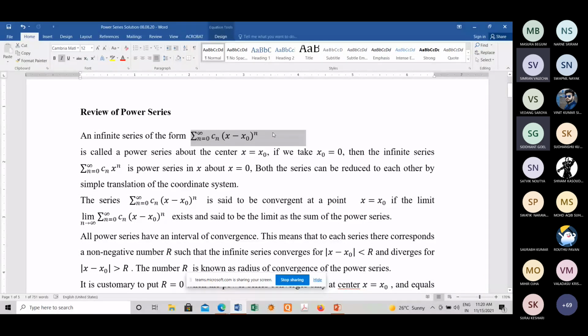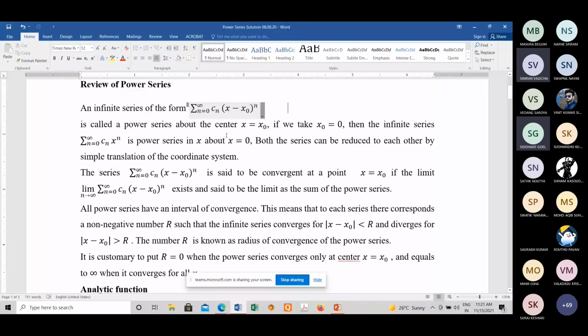Then it must be convergent, and it must converge to some point and in some interval. That interval is said to be the interval of convergence, and the radius is said to be the radius of convergence. Sometimes we need to find the radius of convergence also. You all have studied the convergence of infinite series already in the BTech first semester, so from there you can find the radius of convergence.